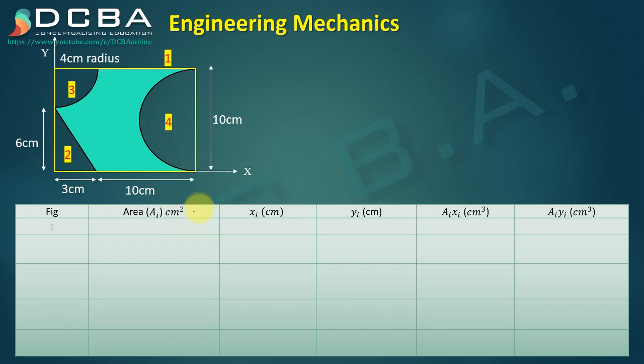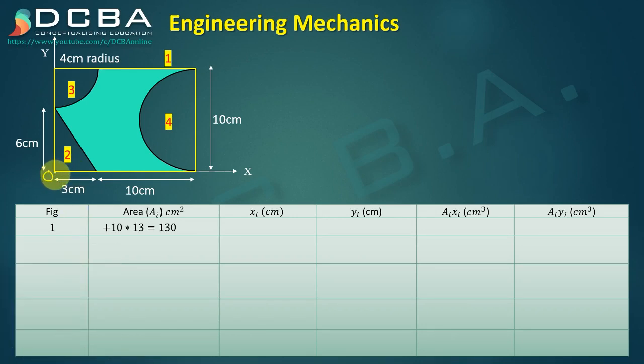So the first shape is this entire rectangle, which is an additive area, which is a positive area. So the area of this rectangle will be base into height, which is base 3 plus 10, which is 13, and height is 10, so it is 10 into 13, which is 130. Xi, I'll be setting my reference point at the bottom left corner of this rectangle, this point.